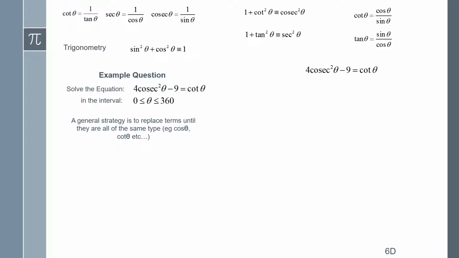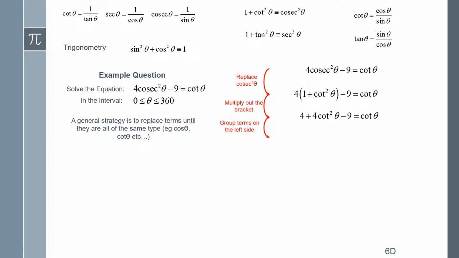So 4 cosec squared minus 9, let's replace the cosec squared. 1 plus cot squared is cosec squared, so we've got 4 lots of 1 plus cot squared, minus 9, is equal to cot theta. Now we've got cots. Times out the brackets: 4 plus 4 cot squared theta minus 9 is cot theta. A bit of rearranging: 4 cot squared theta minus cot theta minus 5 is equal to 0.